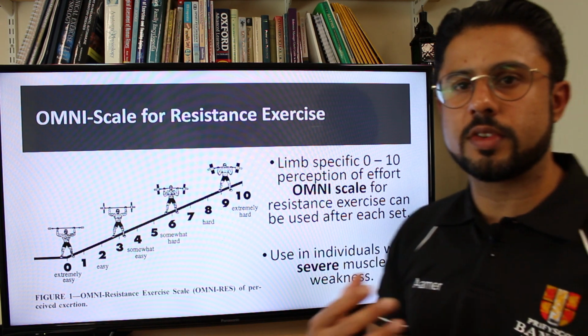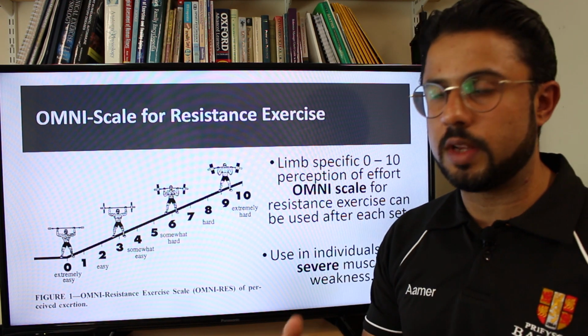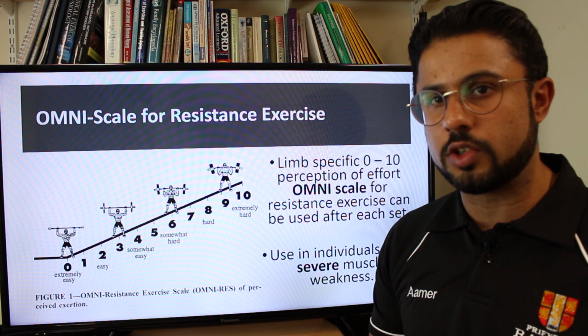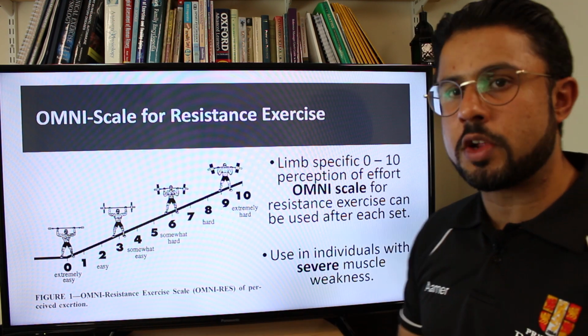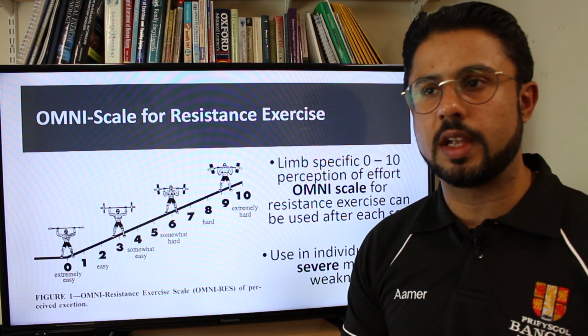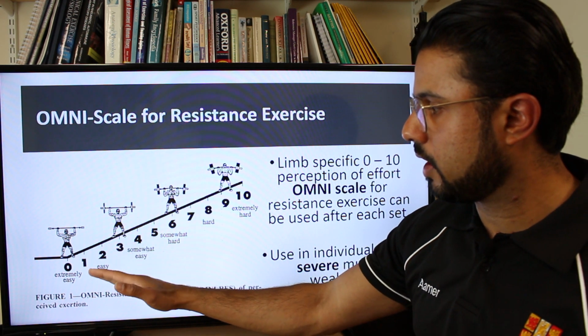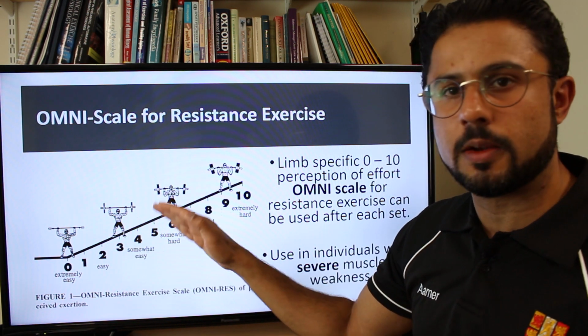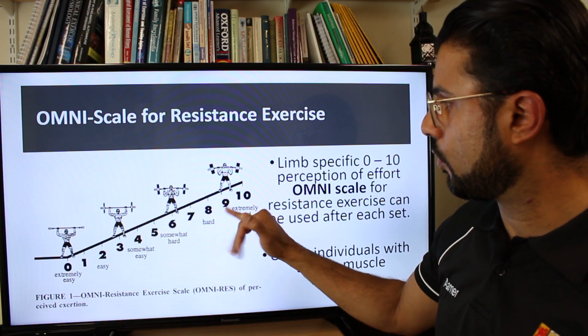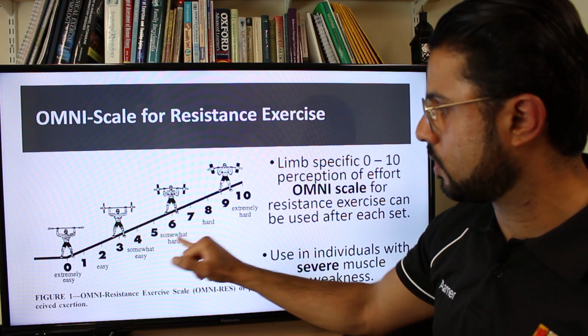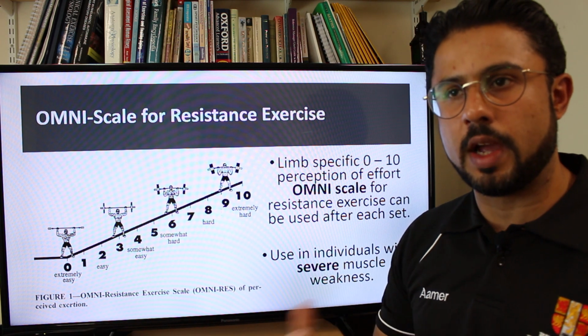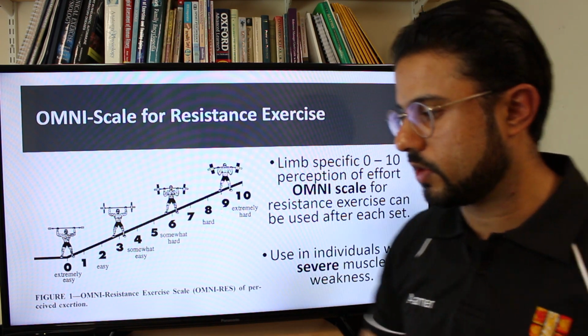If you've got patients that have muscle weakness, and I would even use it in patients that are severely deconditioned, this is a very good way to gauge intensity and how hard they're feeling, and then you can tweak it. The idea is to start somewhat easy, and then progress to not extremely hard, but somewhere in the mid ranges, where you're likely to get those adaptations in function.